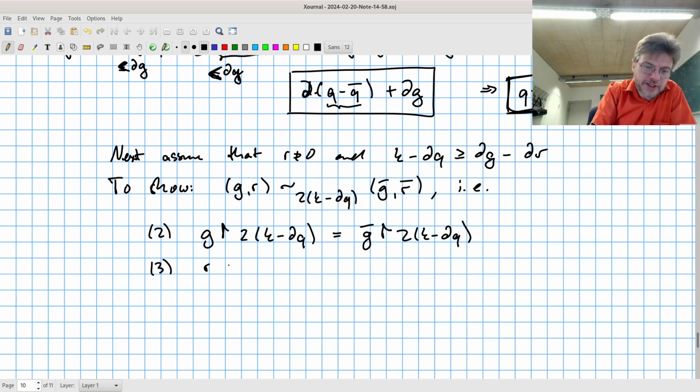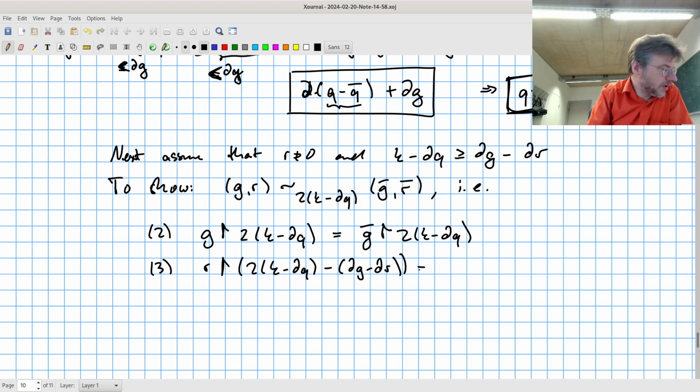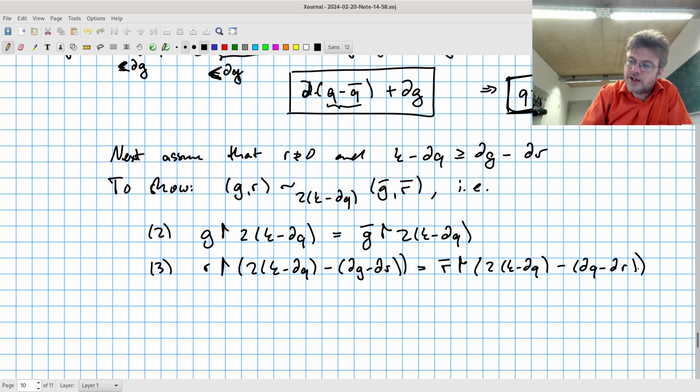So I will write r chop 2k minus degree q minus degree g minus degree r is equal to r bar chop, same amount of terms, 2k minus degree q minus degree g minus degree r.